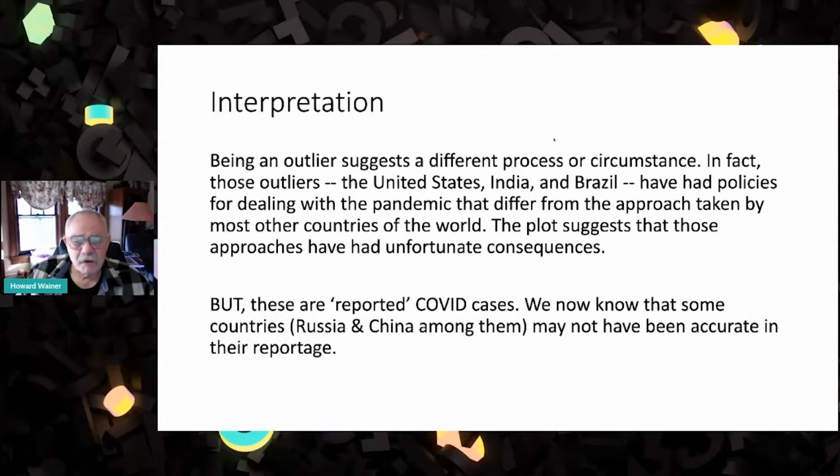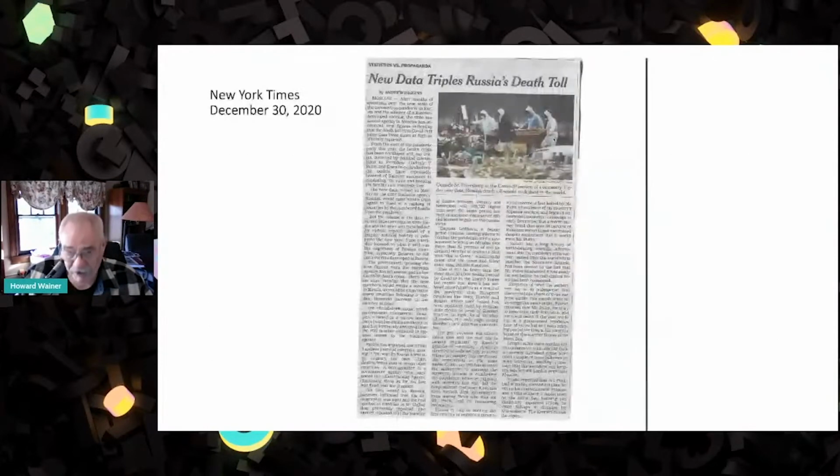The US, India, and Brazil all had policies for dealing with the pandemic that differ from the approach taken by most other countries of the world. And this plot suggests that those approaches have had unfortunate consequences. However, I should point out that these are reported COVID cases. Since then, we've learned that some countries like Russia and China may not have been accurate in their reporting.